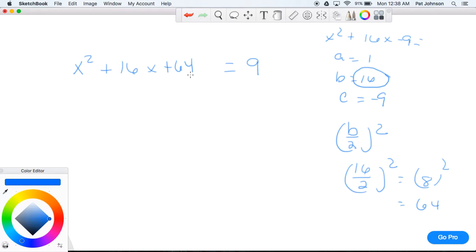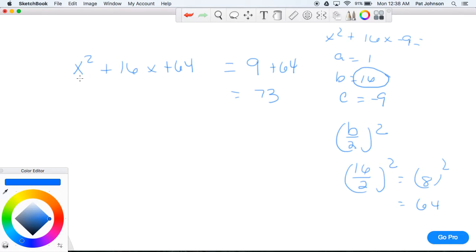Remember, the addition property of equations says what you add to one side, you must add to the other side to balance the equation, or you've changed the value of the equation. So when we add this, we get 73 on the right. By completing the square, we've now made this into a perfect square trinomial.